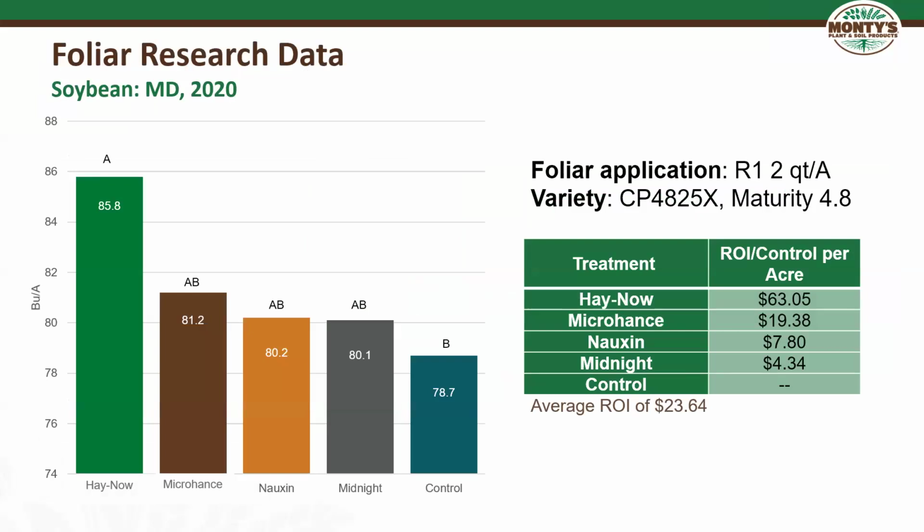That's also important. I'd say it's very important to know what growth stage you are at in any crop that you're growing, to put these things on at the right time.